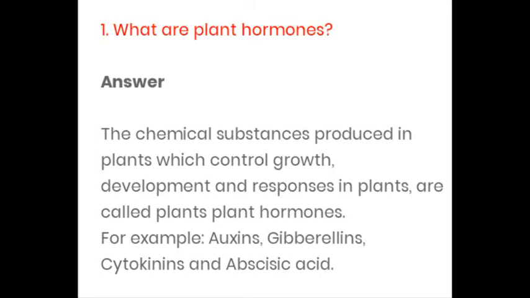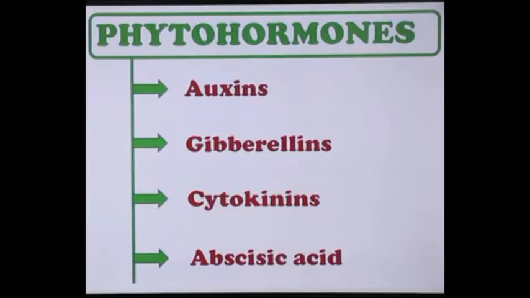Example: Auxin, Gibberellin, Cytokinin and Abscisic acid. In the plant body, there are four important plant hormones or phytohormones. They are auxin, gibberellin, cytokinin and abscisic acid.